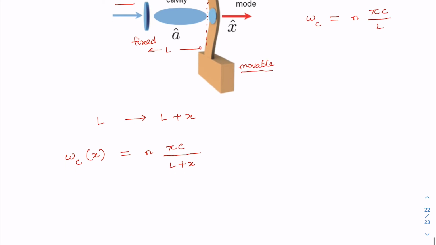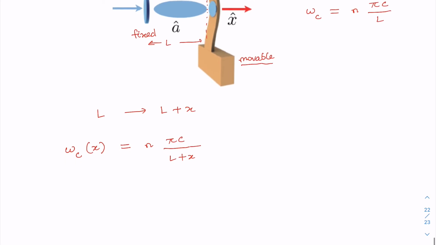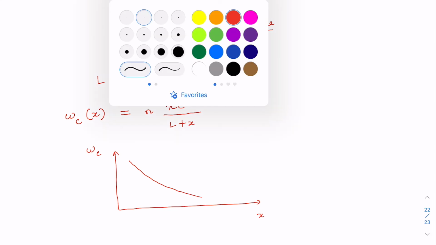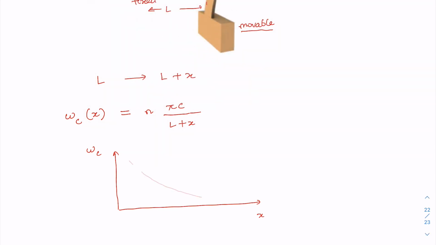Now if X is a variable quantity, then the resonance frequency also changes with distance. In fact, if we plot the resonance frequency versus this variable X, for a given mode the plot will simply look like this.